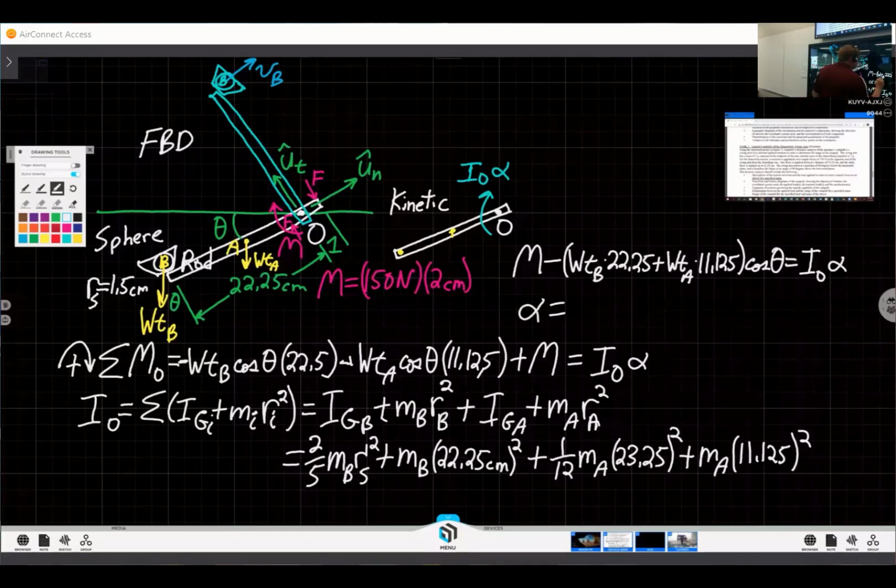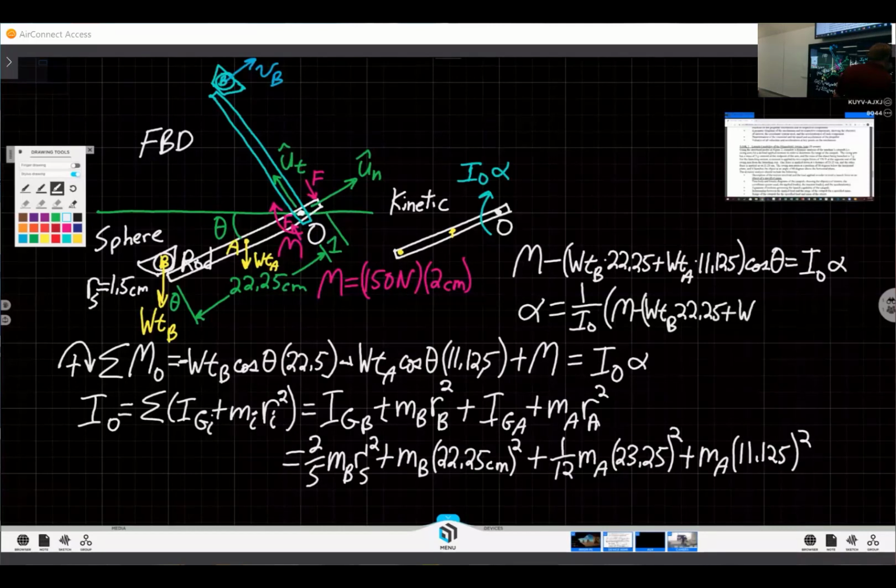Alpha is 1 over IO of this expression. And left out my 1.